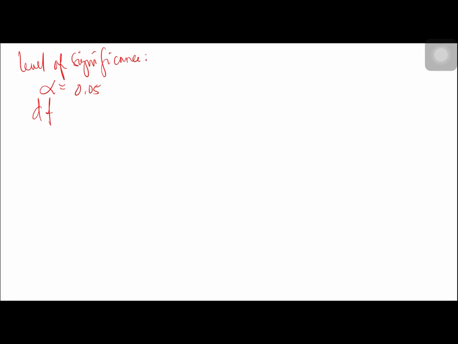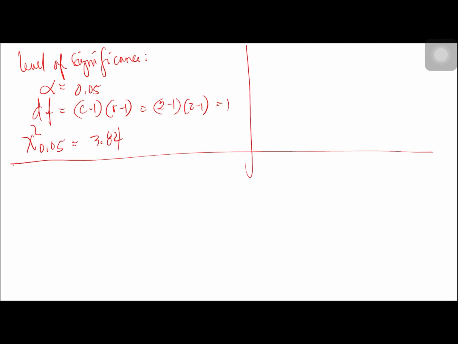From the chi-square distribution table, for our degrees of freedom, we have the columns minus 1 times row minus 1. That is 2 minus 1 times 2 minus 1, we have 1. Okay, so chi-square at 0.05, we have 1. At 0.05, we have there 3.84. Okay, 3.84.